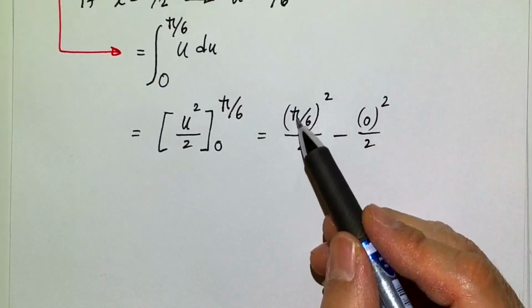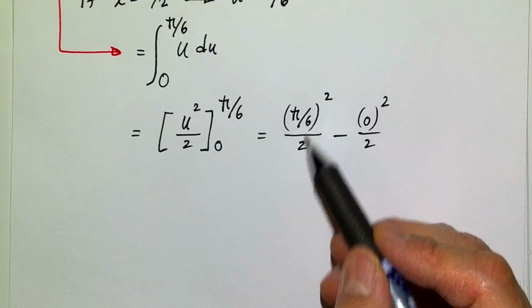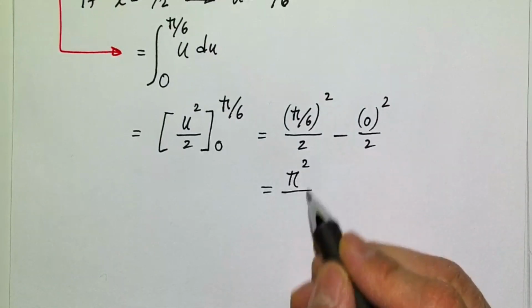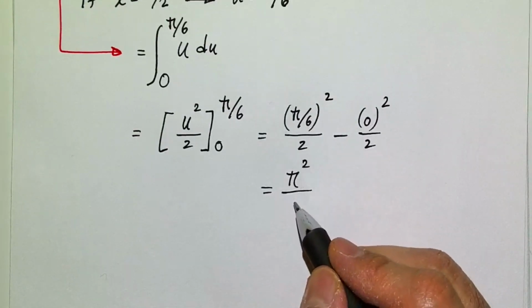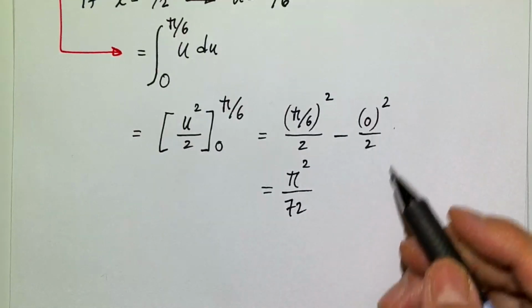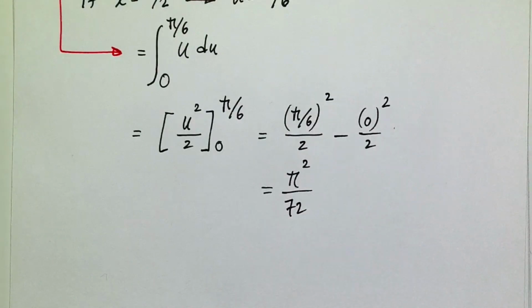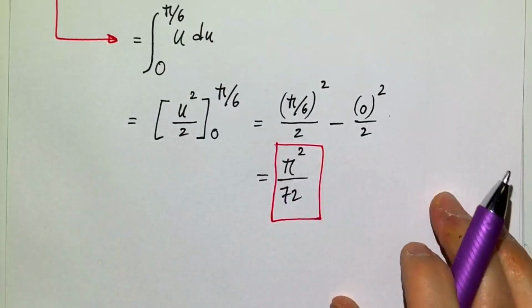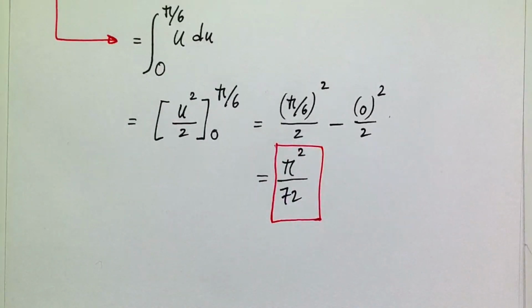So what is that? That's pi squared over 36 over 2. So you have pi squared over 36 times 2, that's 72, and the other term is just 0. So pi squared over 72 is what we have. Okay, the final integration result.